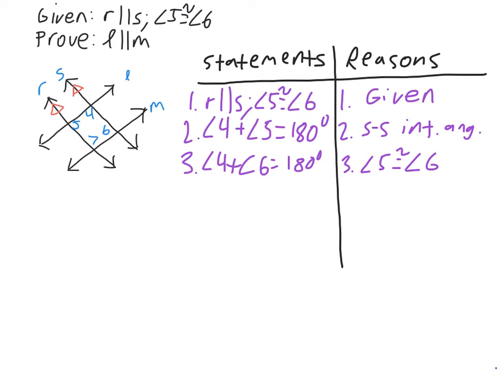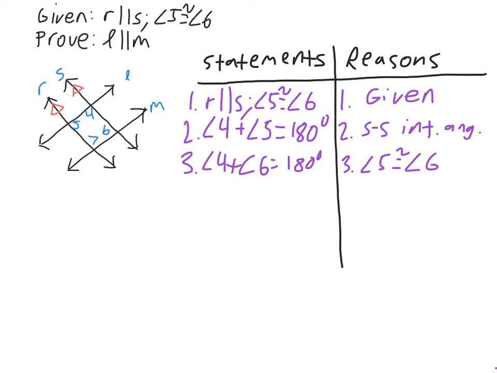So, if they're supplementary, and they're attached to two different lines that we want to be parallel at least, that means we might be able to see if there's a theorem attached to them being supplementary. Well, if we look at these two lines, and we want them to be parallel, then angle 4 and angle 6 are in between these two lines, and they're on the same side of the transversal.